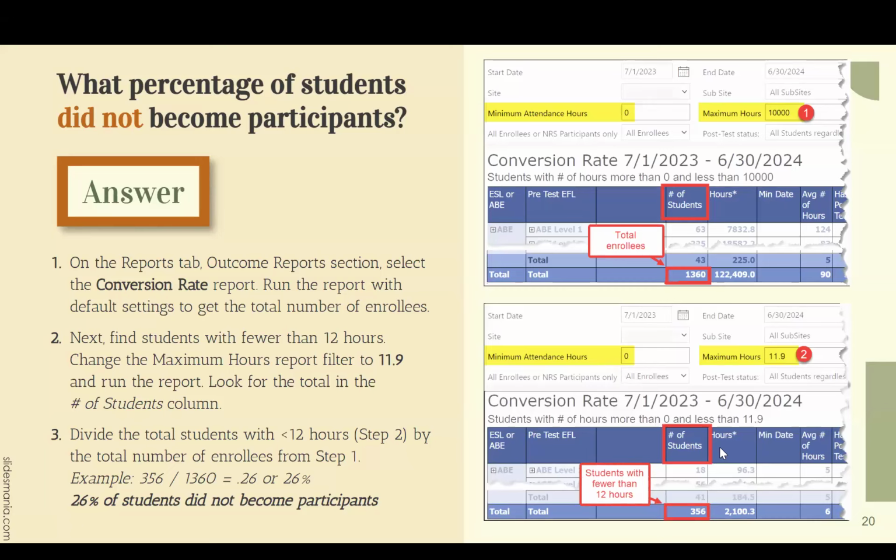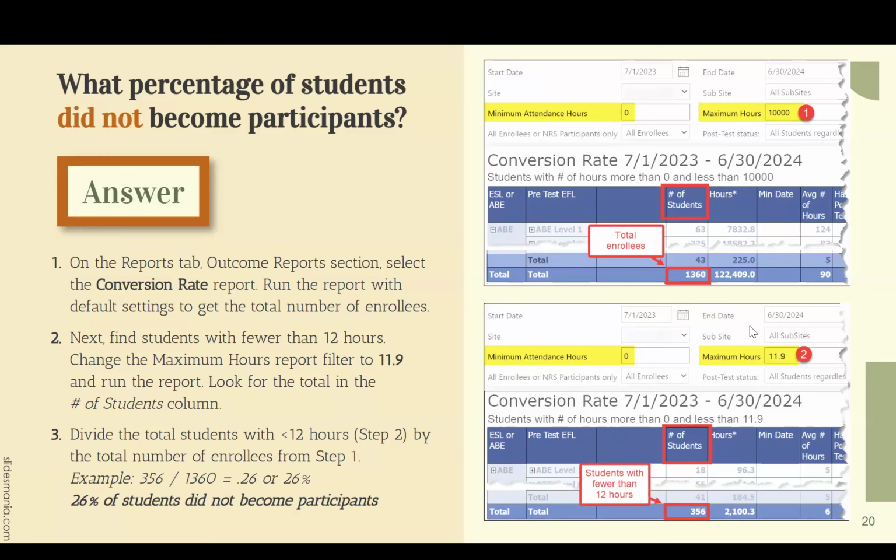For the maximum, in this example we put 11.9 because if you put in 12, you're going to grab some people who have 12 hours. But when you're doing the table A, I think you were putting in 12. We want to exclude 12-hour people in this example with the conversion rate.